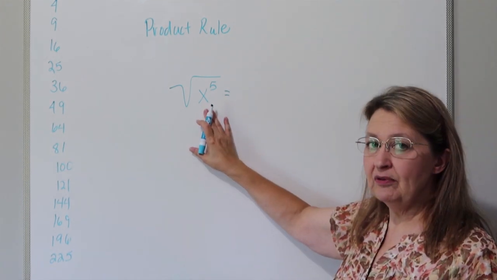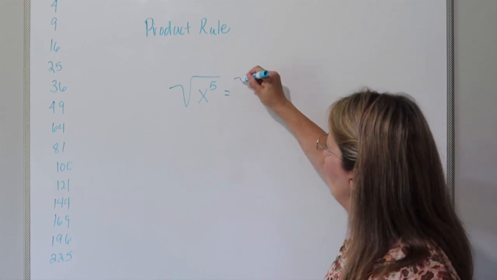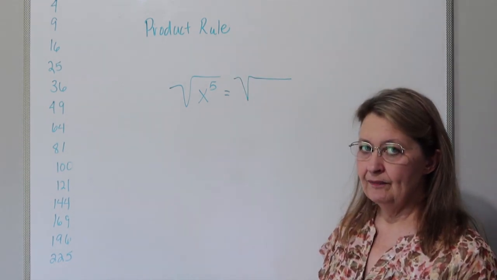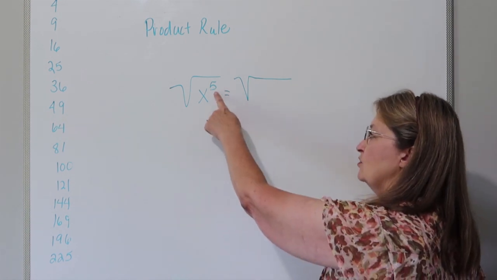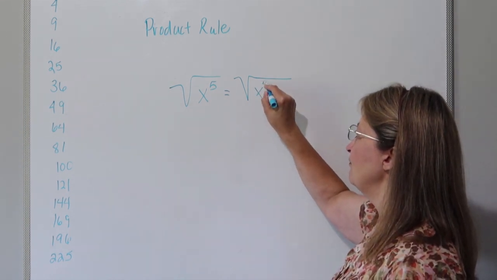Right now it's not in simplest form because it has a factor that's a perfect square. What you do is this. We need even exponents, right? You can decrease, so you pick the exponent just underneath this one that's even. That's x to the 4th.